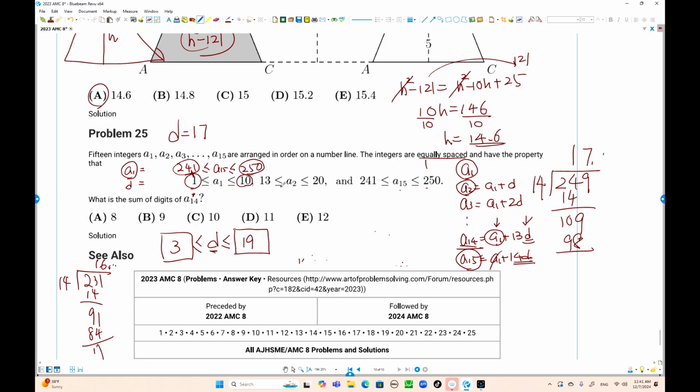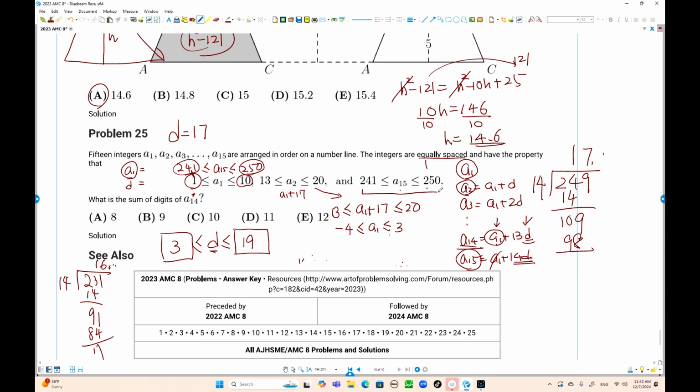A2 equals A1 plus D, and D is 17. That is between 13 and 20, right? Minus 17 on both sides, A1 must be less than 3 but greater than negative 4, right? We still have several numbers over here.